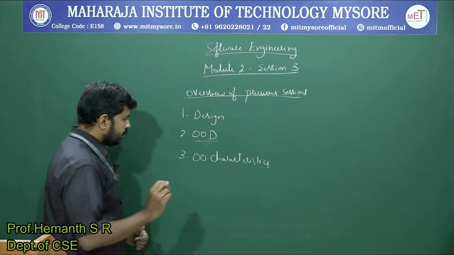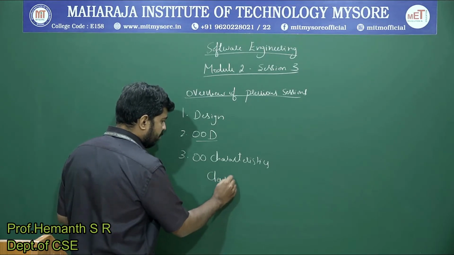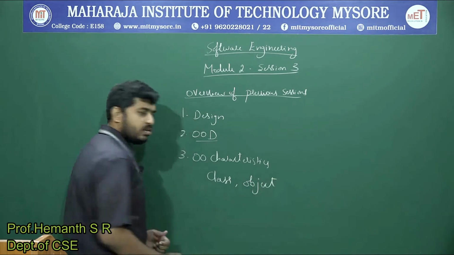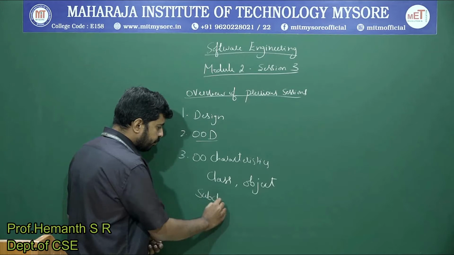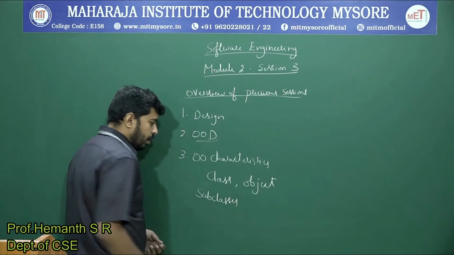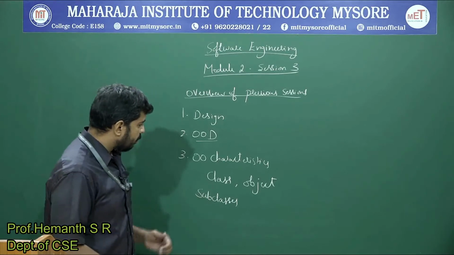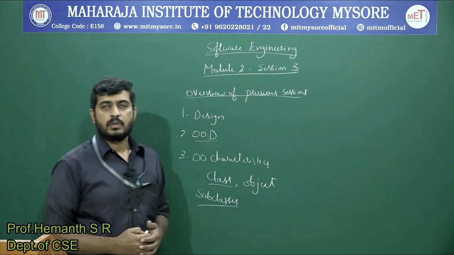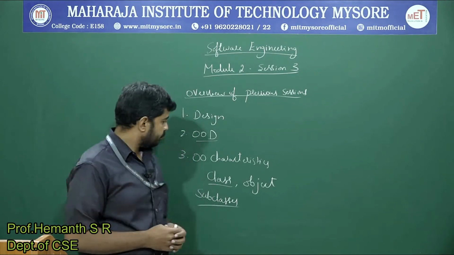So we understood what is a class, we understood what is an object, we also understood how subclasses can be created and how these subclasses can benefit us by reducing the size of the code. All these things were discussed in the previous session.